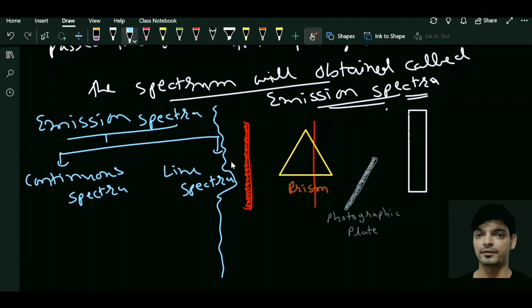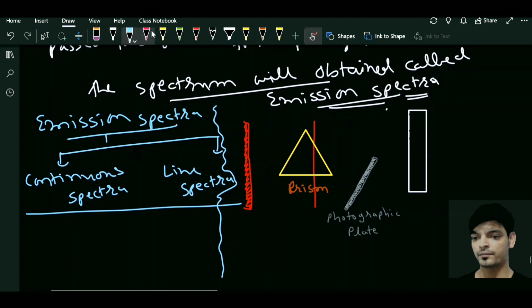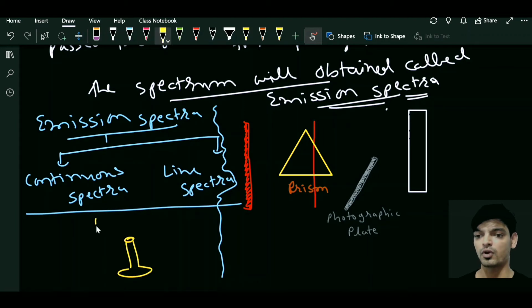Suppose you are heating sodium chloride, any kind of salt. For example, this is a platinum wire, and on this platinum wire NaCl is there, and you are heating the sodium chloride. When we are heating any kind of volatile salt, it will emit radiation, because it is giving a particular color.